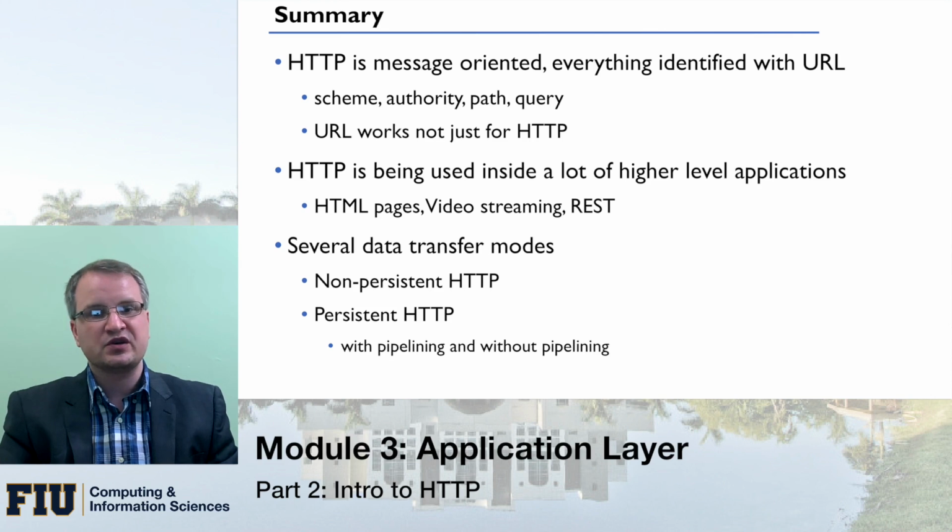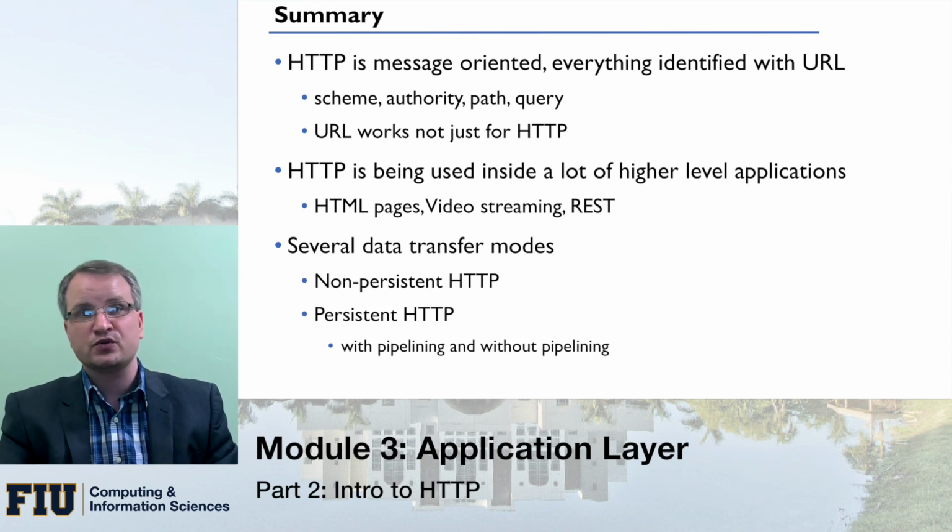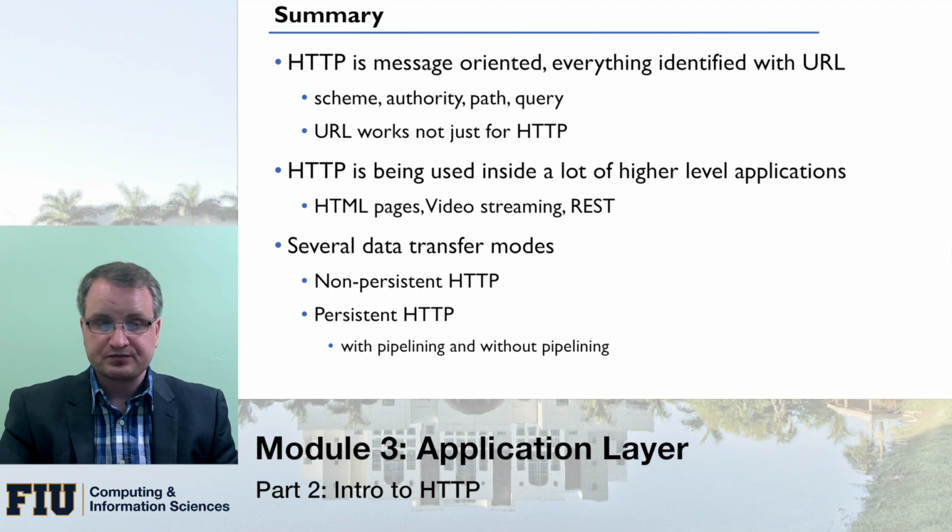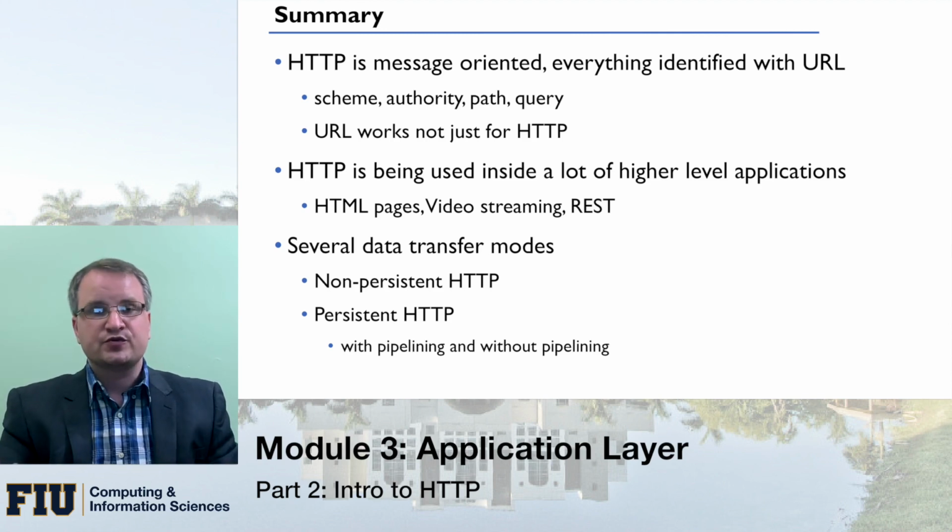From this URL, you construct an HTTP request of some form, like a GET request, or a PUT request, or some other type of request. For the URL, I hope you remember there are four major parts: scheme, authority, path, query, and potentially some fragment ID. Just as a side note, URLs work not just for HTTP, but are also used in other environments.